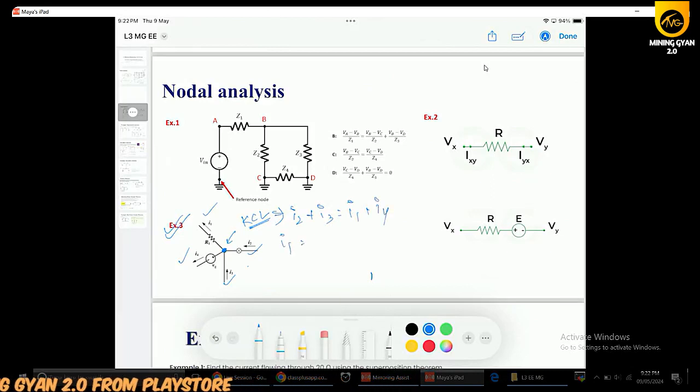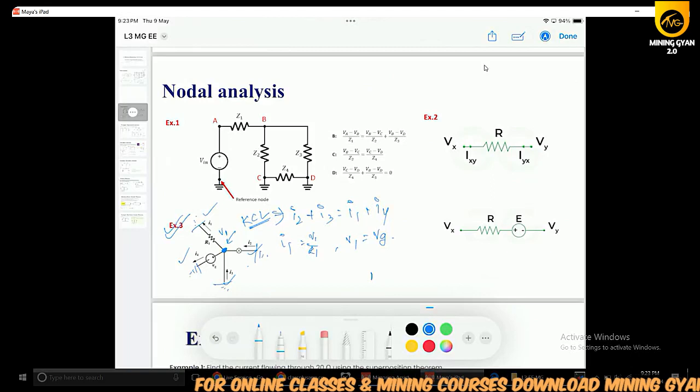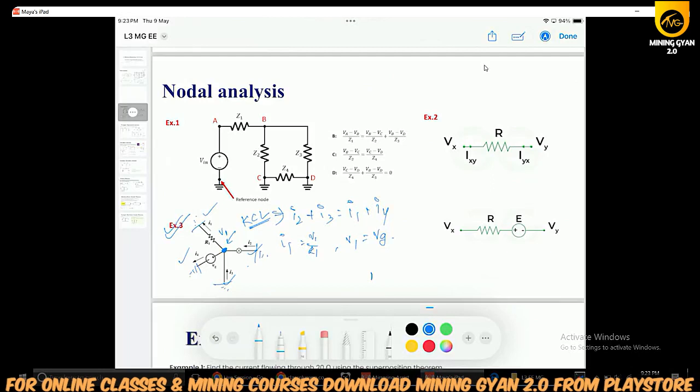Let us say this node has the voltage V1. So I1 will be V1 divided by R1. Here you can see, if all are grounded, then V1 will be equal to Vg. So this is how you have to write the KCL equation.